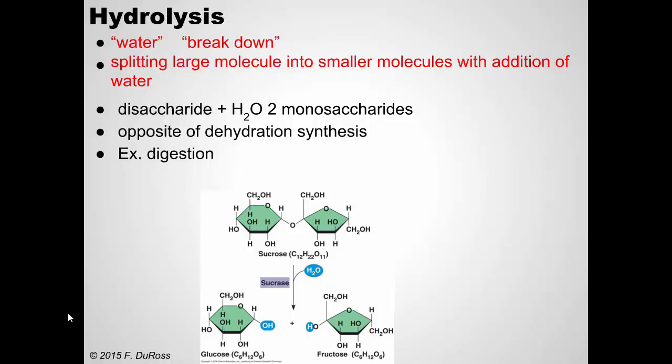And now we're back to our two monosaccharides: a glucose molecule and a fructose molecule. So again, that's hydrolysis, adding water to split a molecule. We can write it in this way, showing a disaccharide being digested into two monosaccharides with the addition of water.